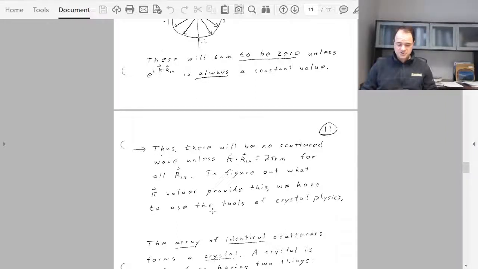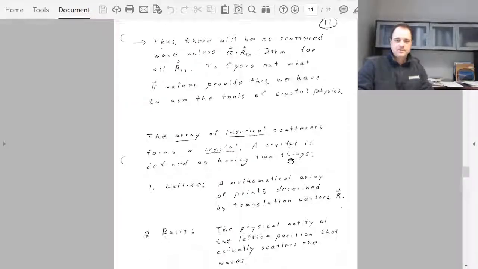Not too much, but just enough that we learn a little bit of the terminology. All right. So again, what we will try to do in the next 5 pages or so is to look at crystal physics and try to figure out what capital K value will satisfy this condition here.